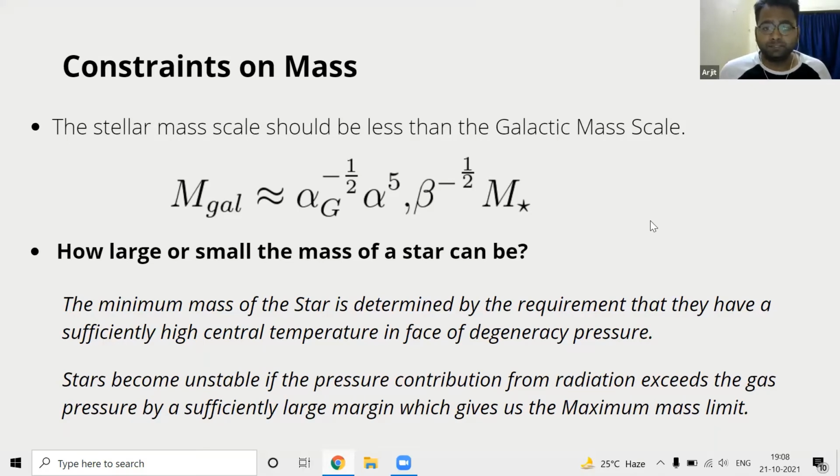The minimum star mass is determined by the requirement that they have sufficiently high central temperature in the face of degeneracy pressure, and the maximum stellar mass is determined by the requirement that the radiation pressure shouldn't exceed the gas pressure by a large margin. So, Shrijan, next, please.